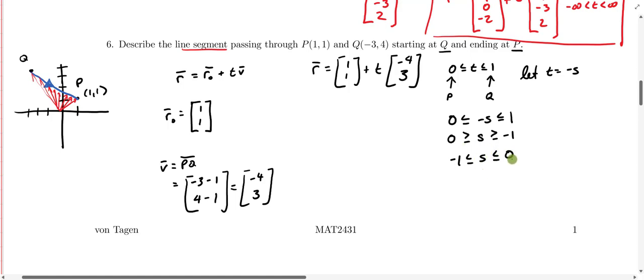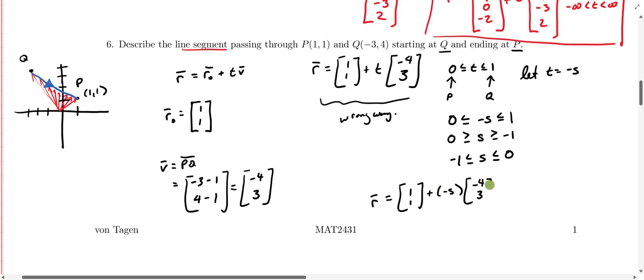So now I have a domain that's going to take everything in the right direction, and I'm going to return to this parameterization, which was going the wrong way, and I'm going to replace the t there with -s. So we're going to say r is equal to 1, 1 plus -s times -4, 3.